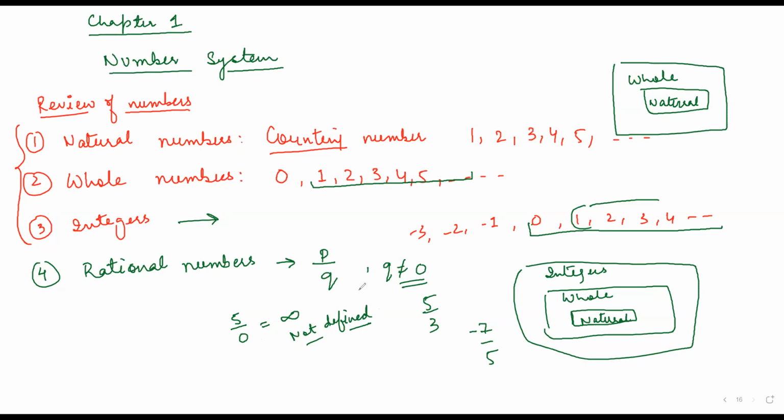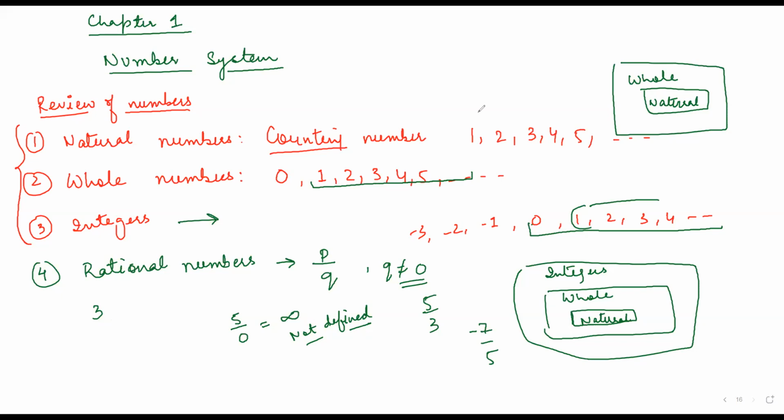Now tell me, if I write 3, is it a rational number, Adil? Yes. What about you, Zainab? Is it a rational number? Please unmute your mic. Yes, Lakshita, what do you think? If I write 3, is it a rational number?